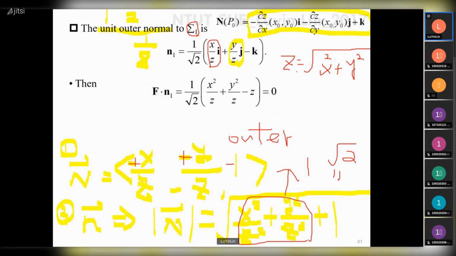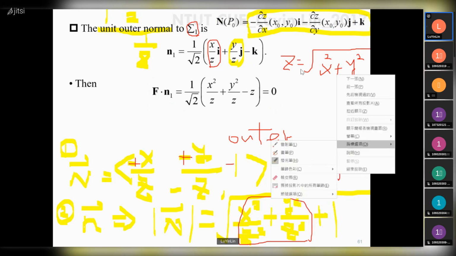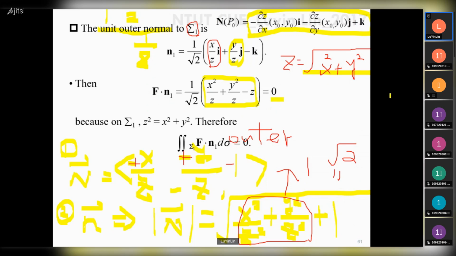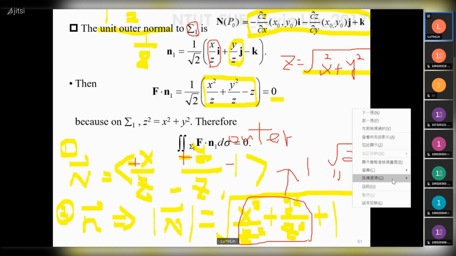You bring z using x and y. Okay, you bring z using x and y. You will find the calculation of this term is equal to 0. Okay, then we can stop here.